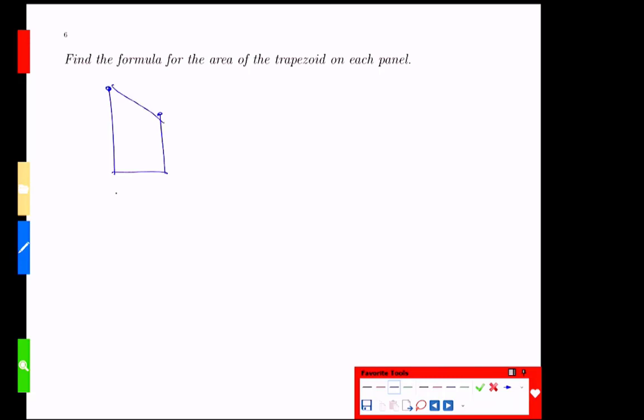What we've got here is, we'll do it on a general interval. So instead of x1 and x2, or x10 and x11, it's xi and the next x, xi plus 1. And these function values are going to be f at that value and f at the next x value.